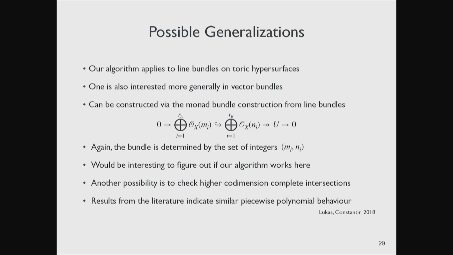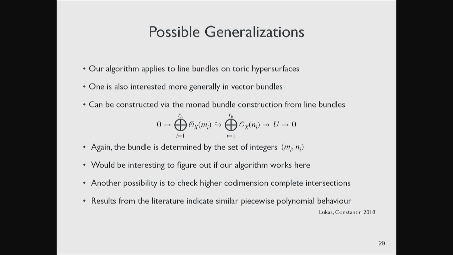And another possibility is to check not only hypersurfaces, but higher codimension subspaces, so complete intersections. This is also important for F-theory matter, for example. People have done this only for complete intersections in products of projective spaces. This is the paper that I mentioned in the beginning. These analytic results they found by hand, basically.